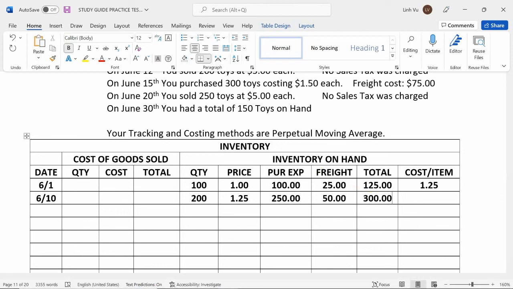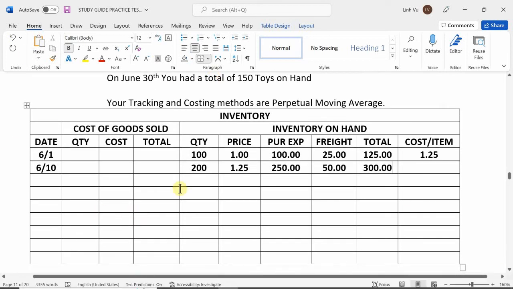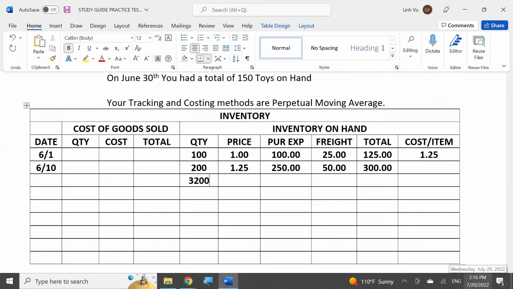But in this case, what do I need to do next? You add the two totals and divide by the total quantity. So in this case, 100 plus 200 gives you 300 units.